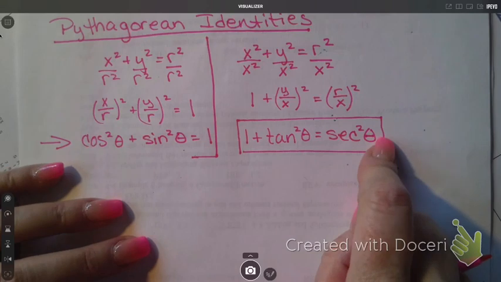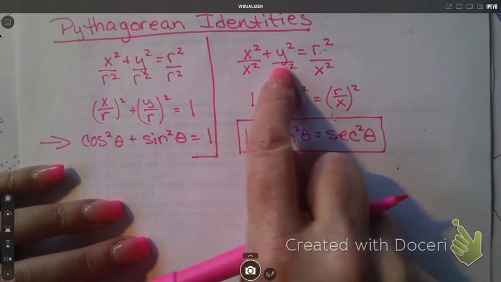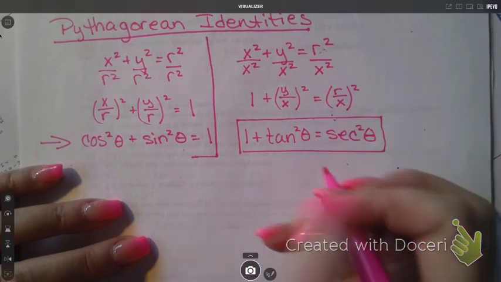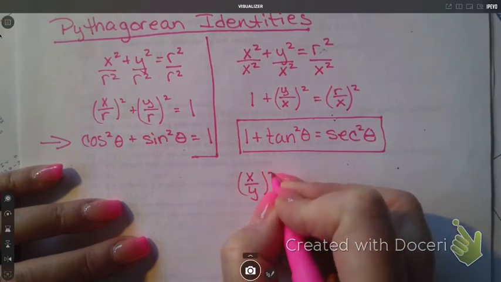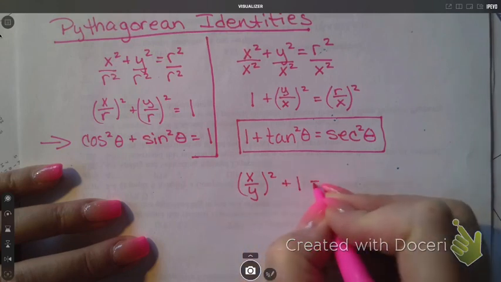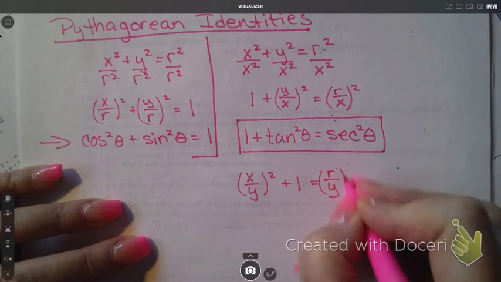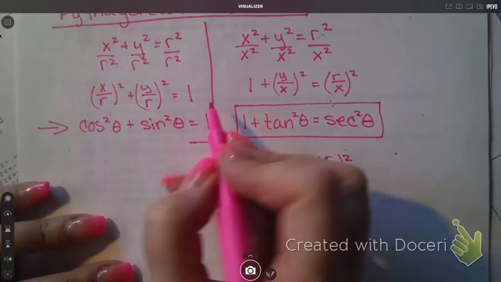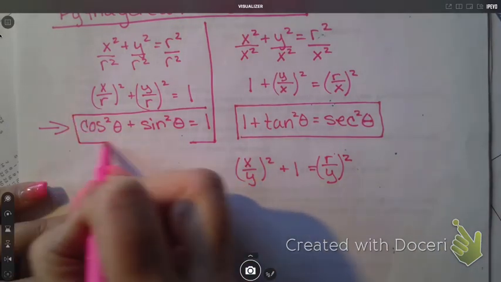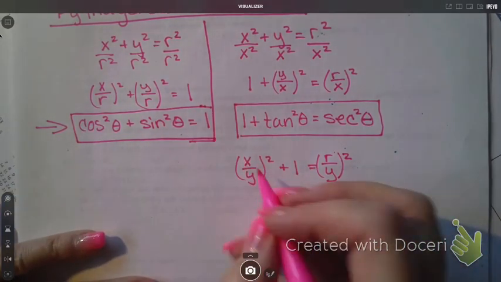Yeah. So obviously the next one I'm going to do is divide everything by y squared, yes? And I would get x over y squared plus 1 equals r over y squared. So what's x over y?